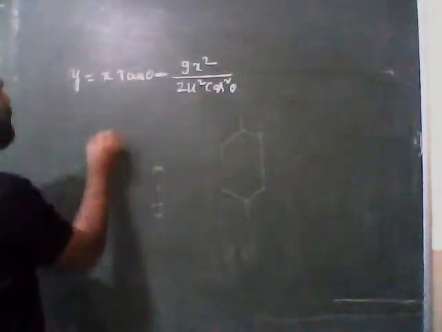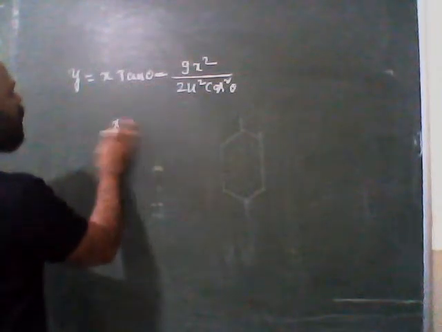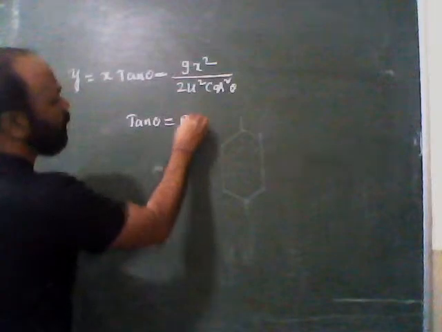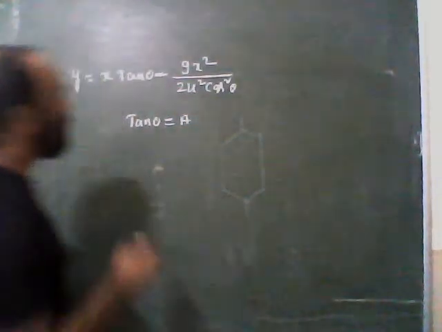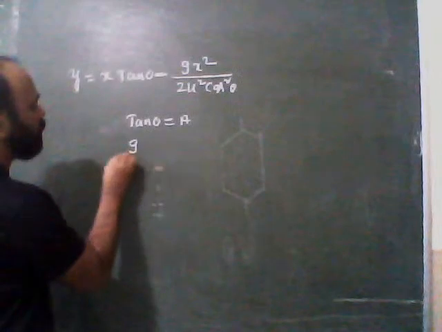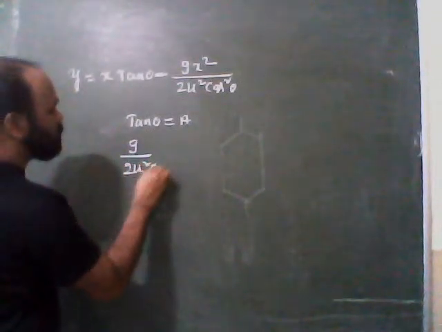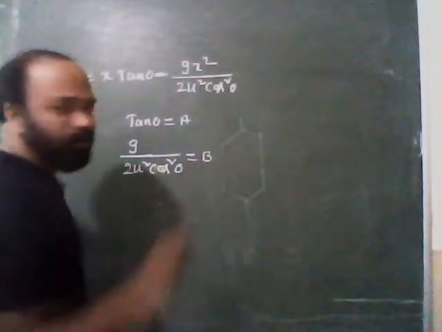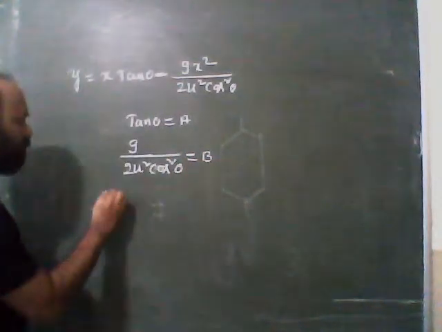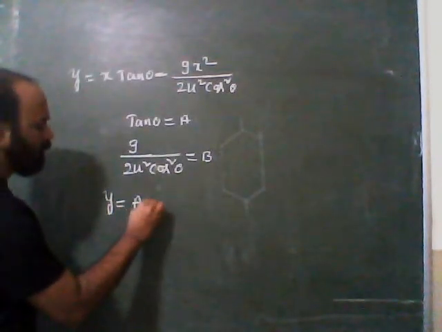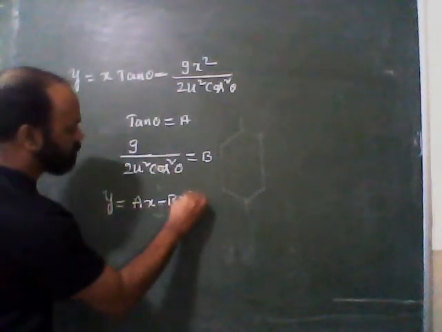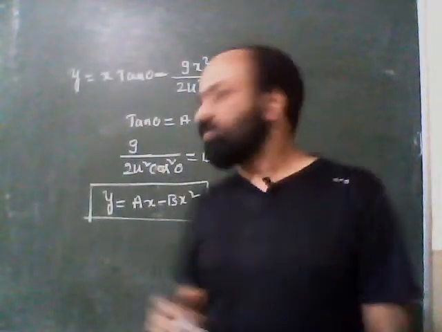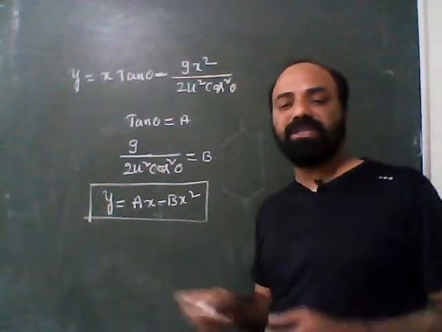Let us consider tan theta as A, and g by 2 u square cos square theta as B. Now this formula we can write as y equals ax minus bx square. This is called the equation of a parabola.